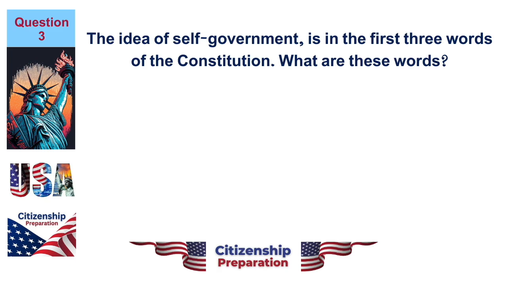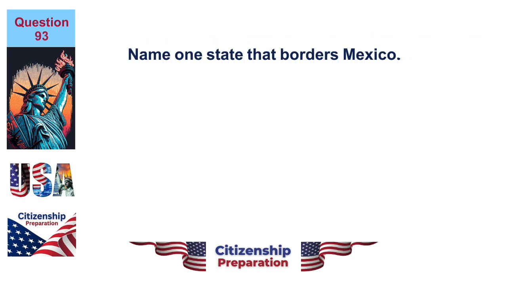The idea of self-government is in the first 3 words of the Constitution. What are these words? We the people. Name one state that borders Mexico. California.